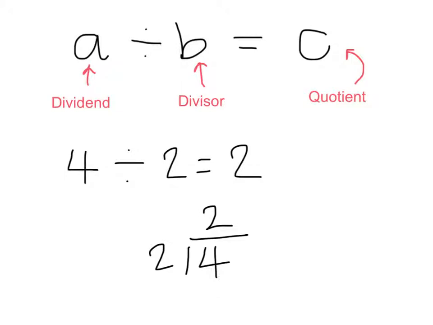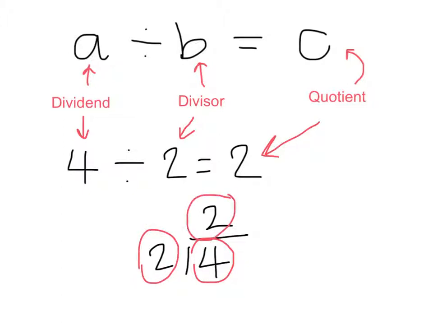Good. So if I have 4 divided by 2 equals 2, this 4 is the dividend, right? This 2 is the divisor, and this 2 is the quotient. We also know we can write division like this, right? The 4 is the dividend, the 2 is the divisor, and this 2 is the quotient.